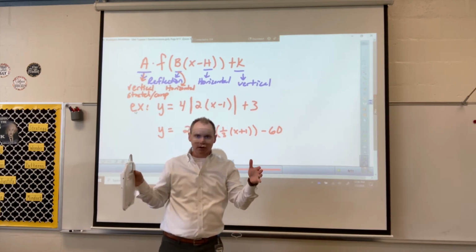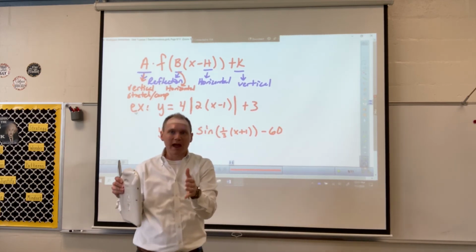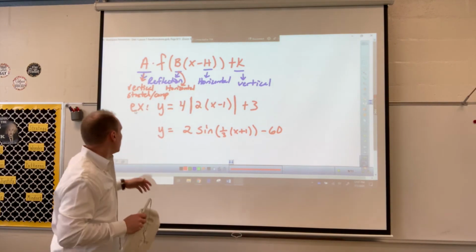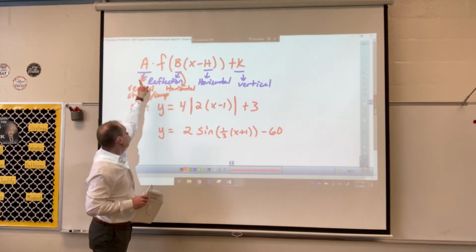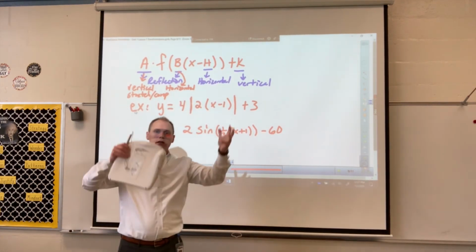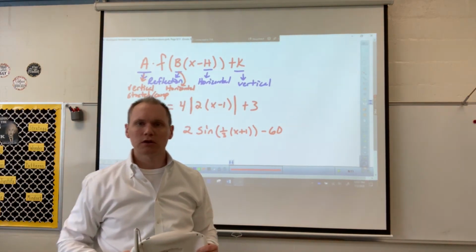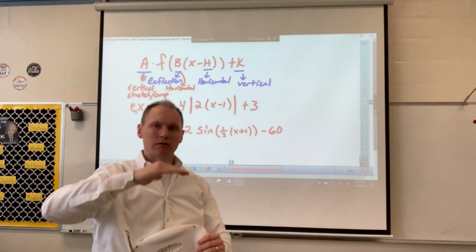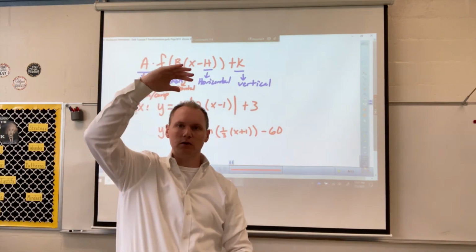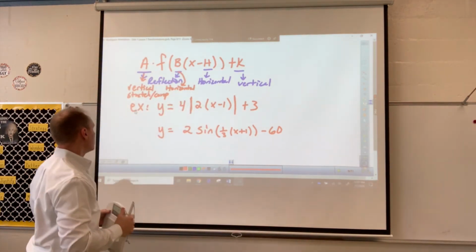So it's actually going to decrease by half. Okay, and then this 4 is the A value. It's going to extend things upward by a scale factor of 4. Okay, so it's going to be a vertical stretch of 4.